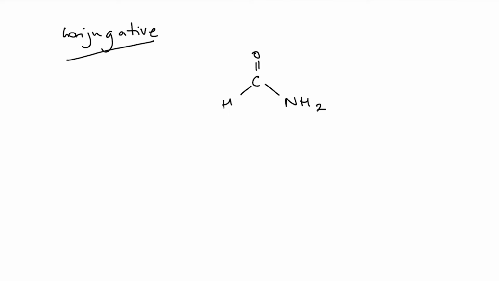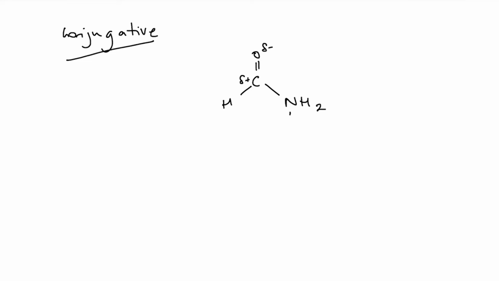The second way that R groups might be electron donating is through a conjugative effect, and an amide is a good example of this. So if we take carbonyl, we can bond it to a hydrogen and an NH2 group. Remember that the carbon is delta positive, the oxygen is delta negative.